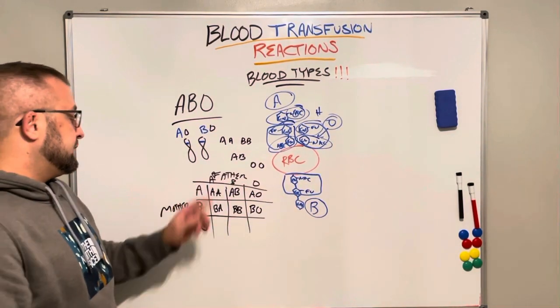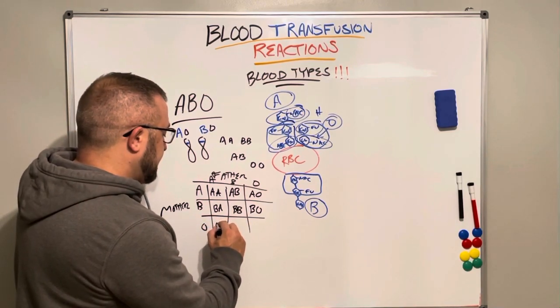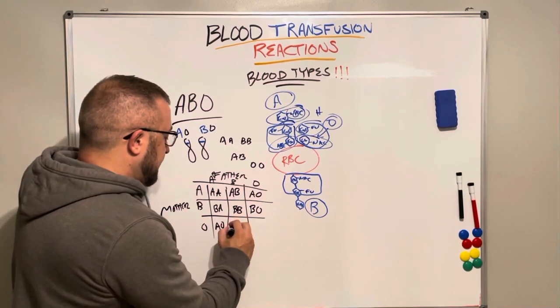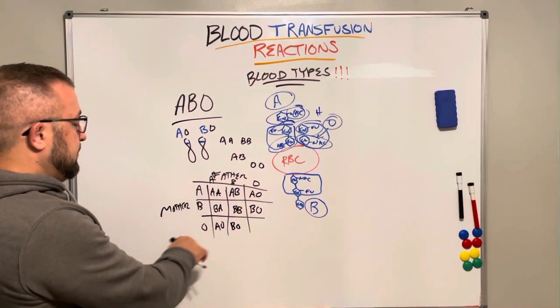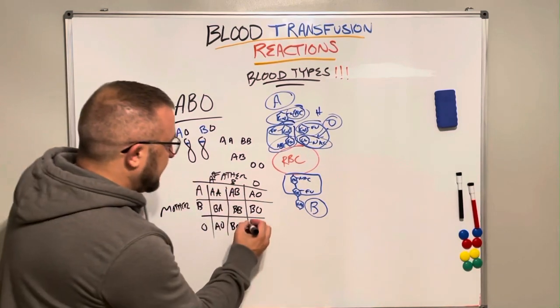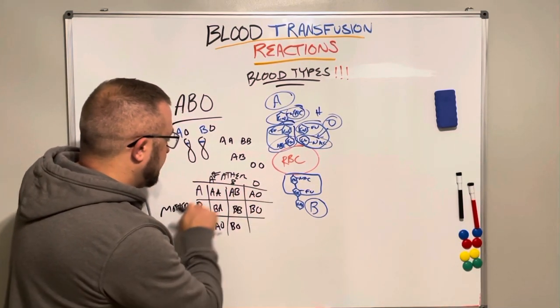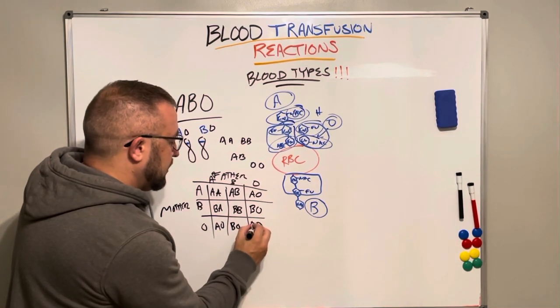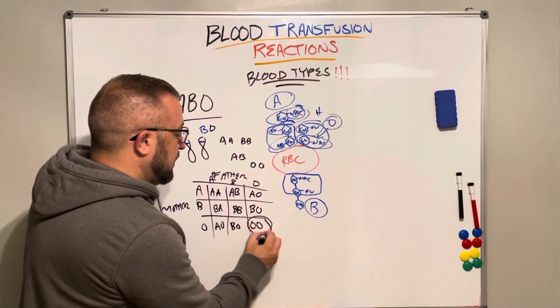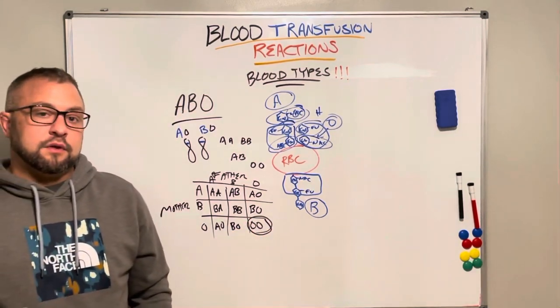Now, if the mother has O and the father has A, we would have AO. So again, that would be A blood type. We would have BO here, or B blood type, mother-father combination. And here at the last, we would have the mother and the father both had O. We can have a combination of O and O, and that will give us our type O blood type.